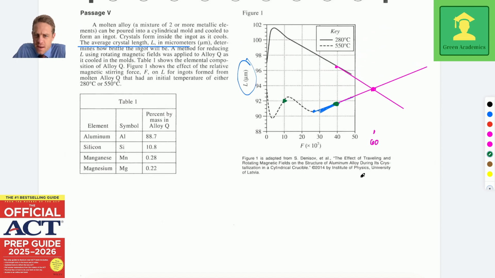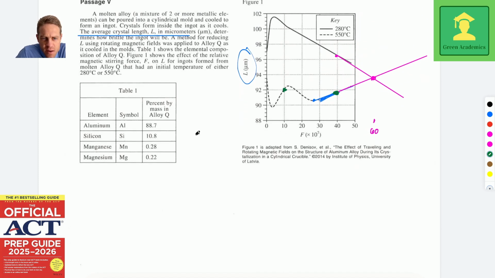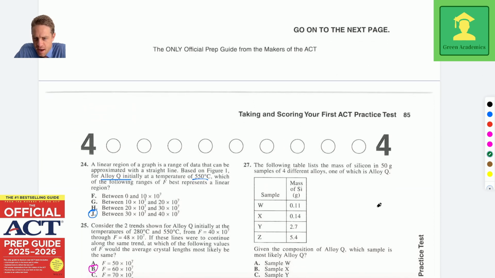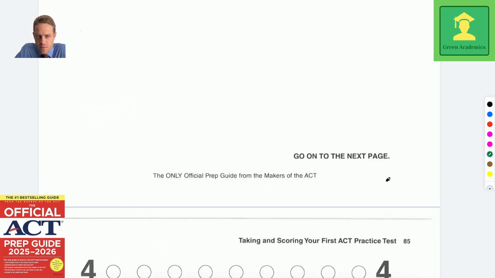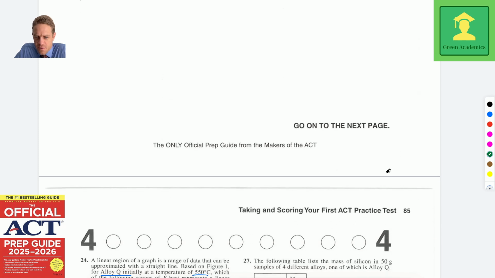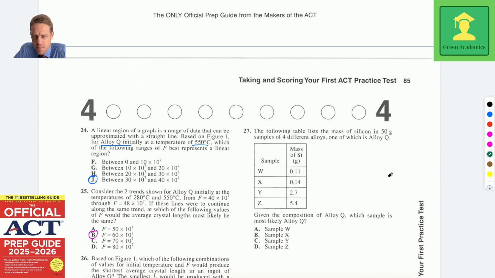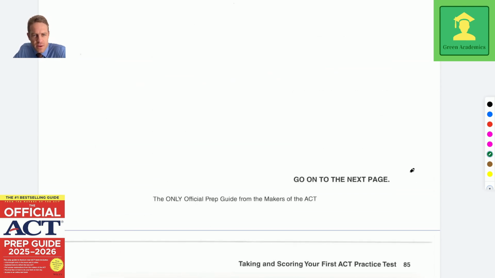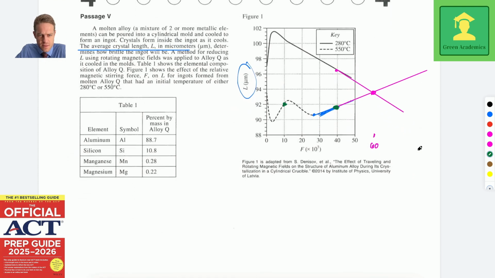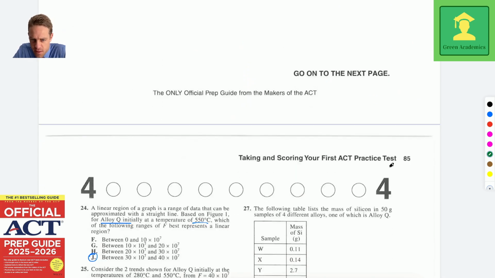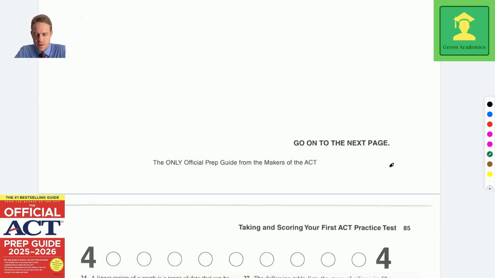So percent by mass, and this is the mass in 50 grams of alloy Q. Percent by mass in alloy Q of silicon. Okay, here we go.